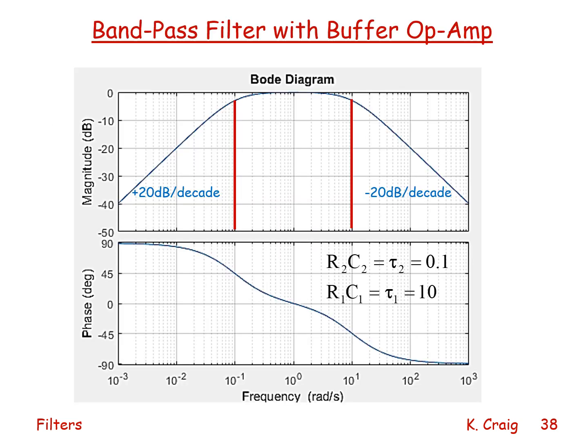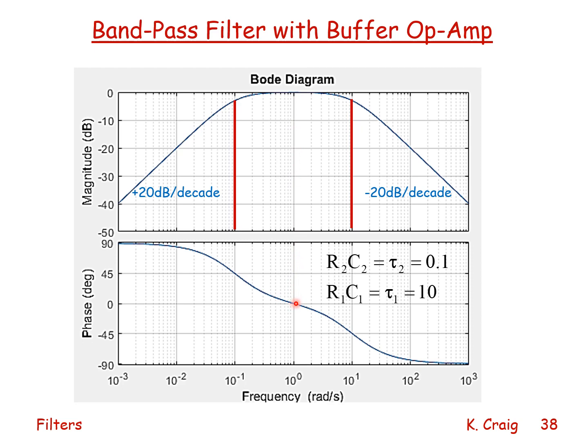If I predict this in MATLAB and create the frequency response plot, where here I've picked R2C2 to be 0.1 and R1C1 to be 10, you can see here that at 10 to the 0, which is 1 radian per second, I have my maximum amplitude ratio, 0 dB, and a phase angle of 0 degrees.